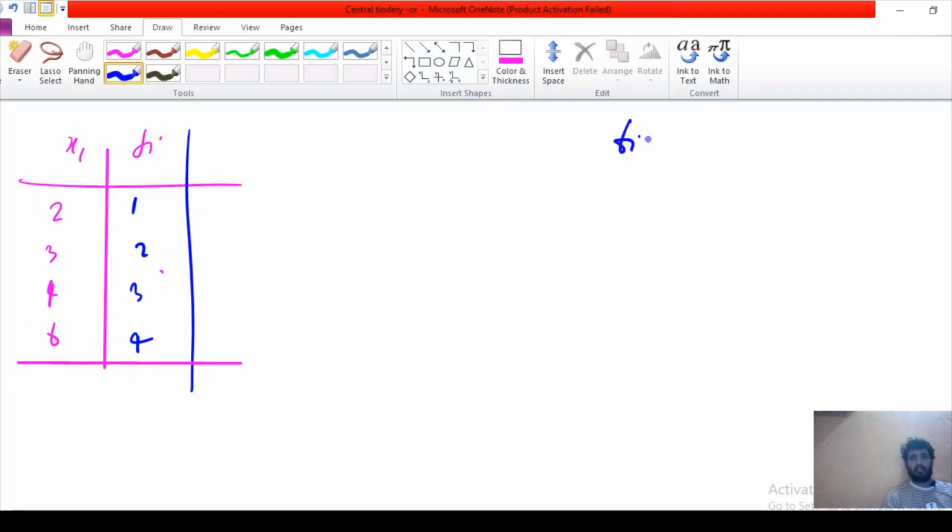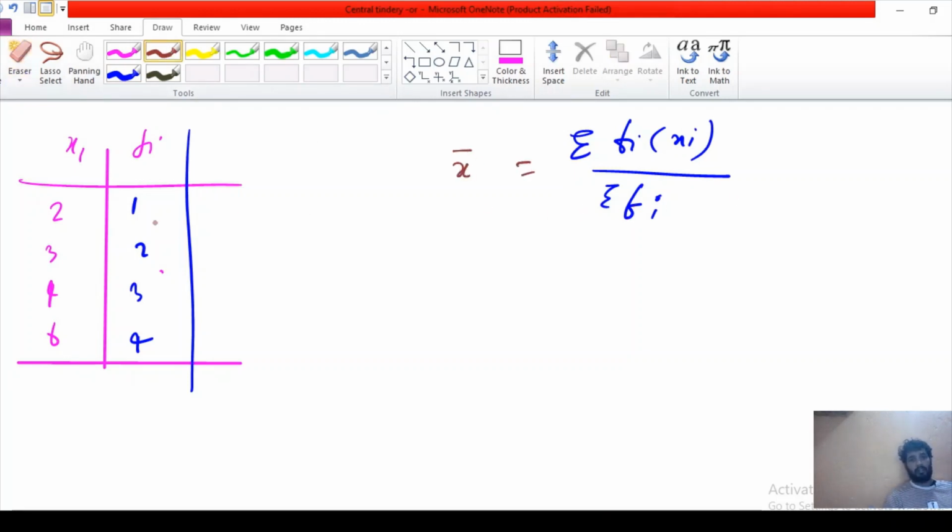Sum of all observations of multiplication of fi xi, and sum of all frequencies fi.